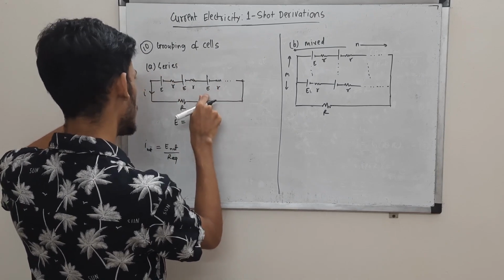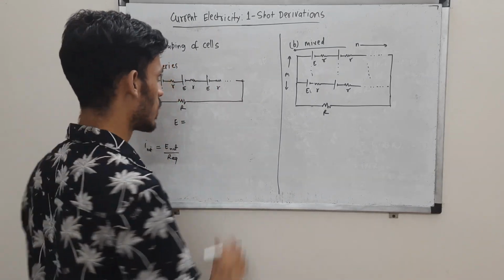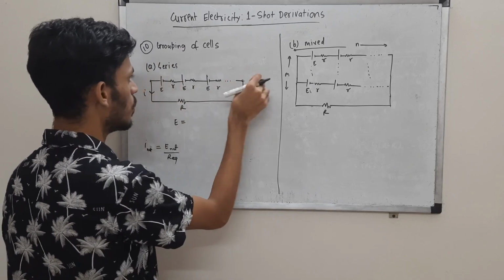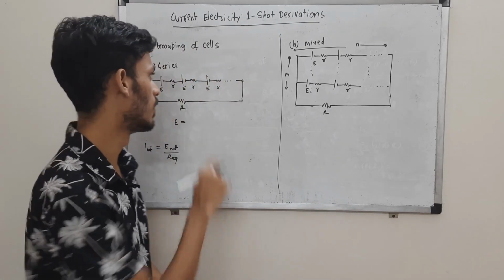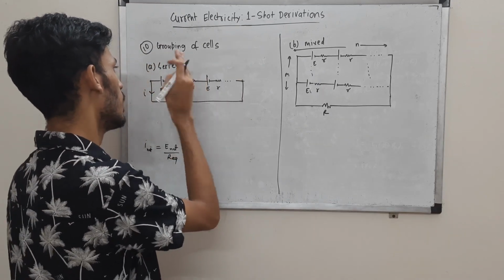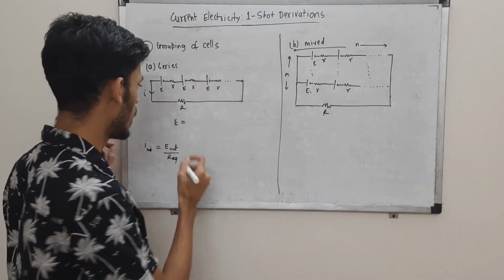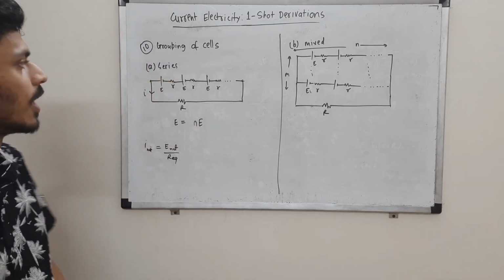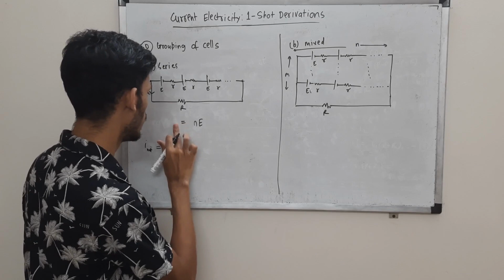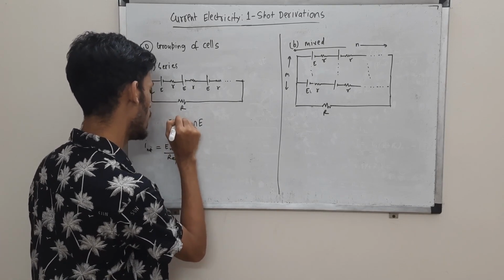E plus E plus E plus E. If you apply Kirchhoff's law and move from A to B, you are moving every time from negative terminal to positive. So E plus E plus E plus E, we are doing it for N cells. So the net EMF is N times E.